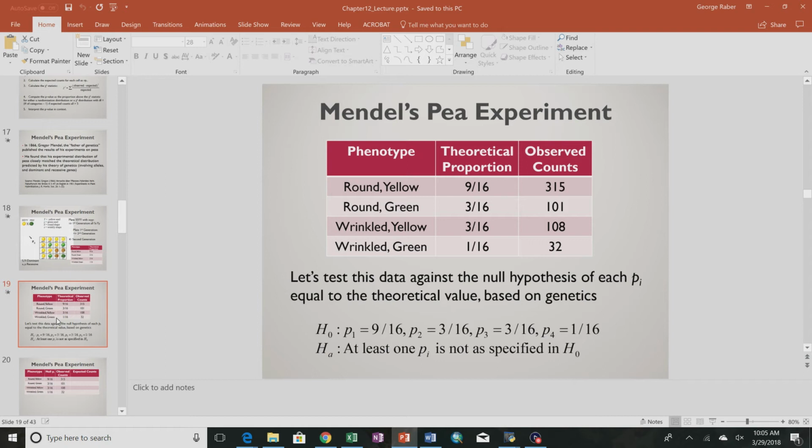You just theorize that the probabilities should produce this, but the numbers don't exactly match your theoretical proportion. But what if I wanted to test, assuming these were the theoretical proportions, could these observed counts have been created from those theoretical proportions? So we're going to test that null hypothesis.